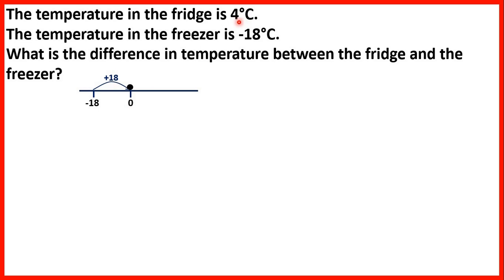But then we need to get to 4. So if we add 4, that takes us to 4. So to get from minus 18 to 4, we need to add 18 and then another 4. So that's adding 22 altogether, which means that the difference is 22 degrees.